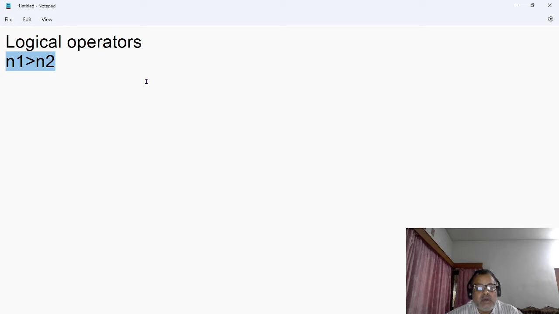Both things should be true, otherwise the class will not be held. This connector, the "and" between the day being Monday and the time, is known as a logical operator. It means the logical operator is used to check the relation between two different expressions.